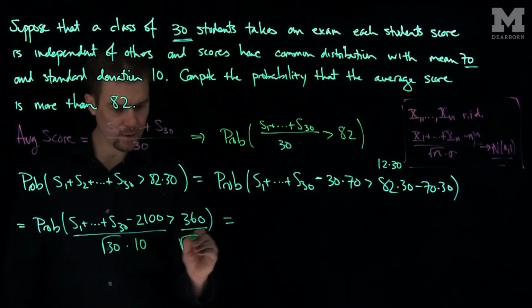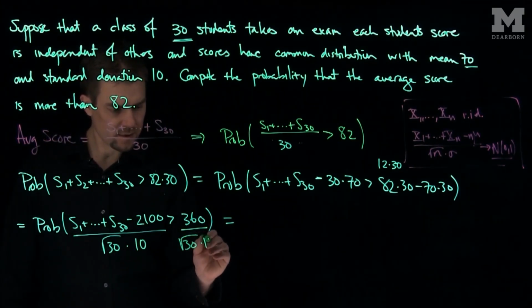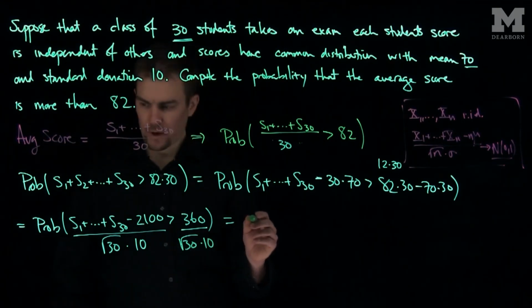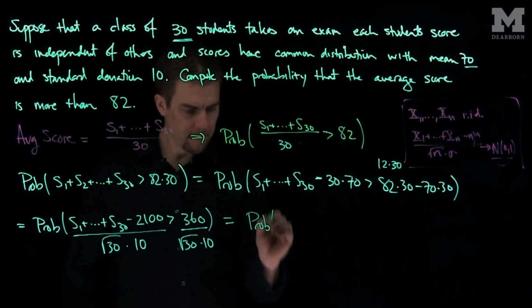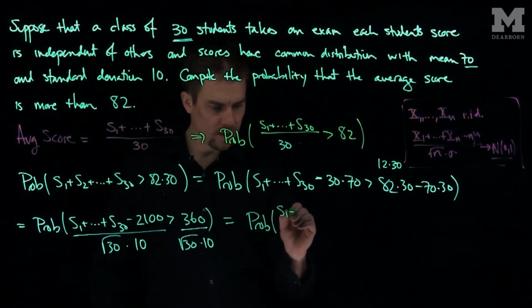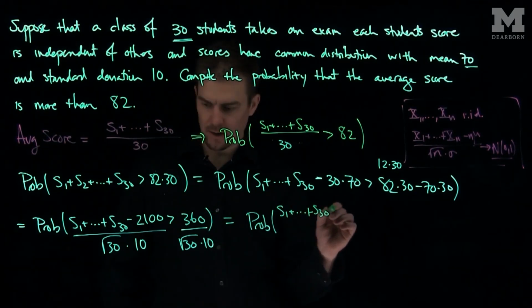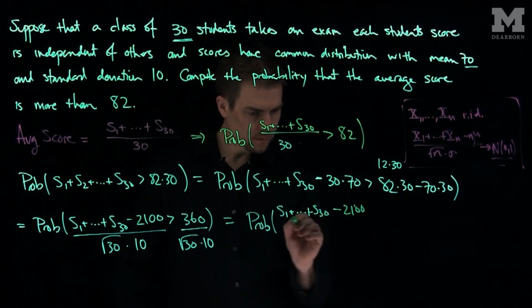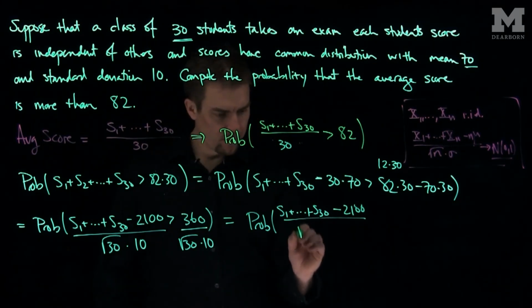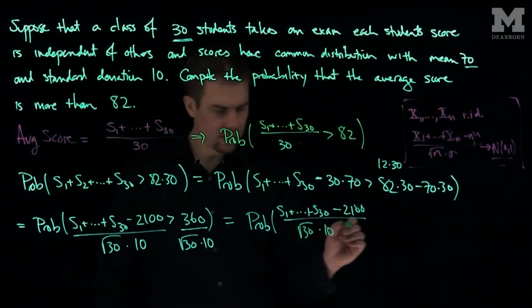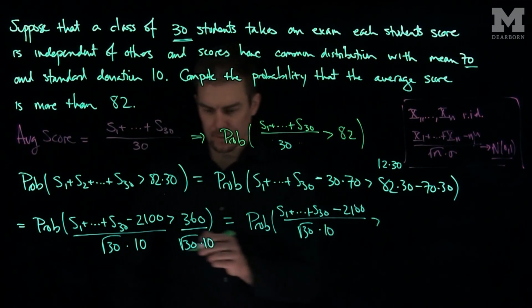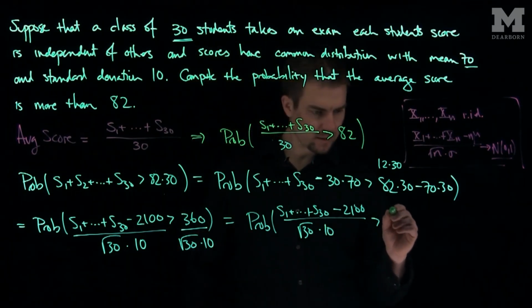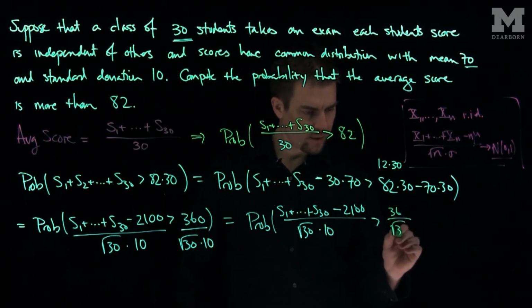So we get the probability that (S1 + ... + S30 minus 2100) over root 30 times 10 is bigger than 36 over square root 30.